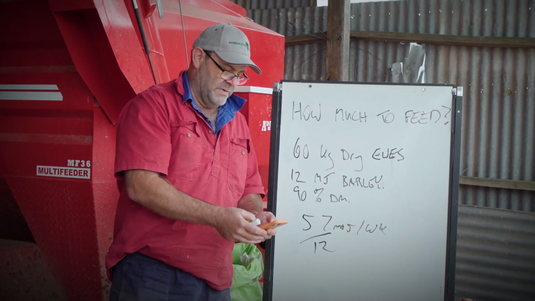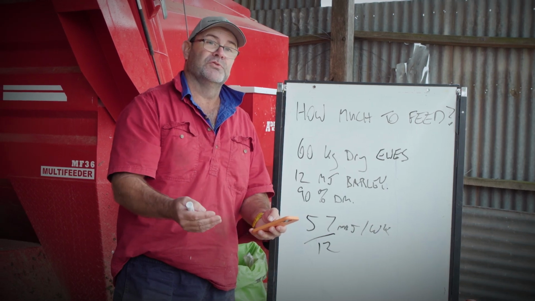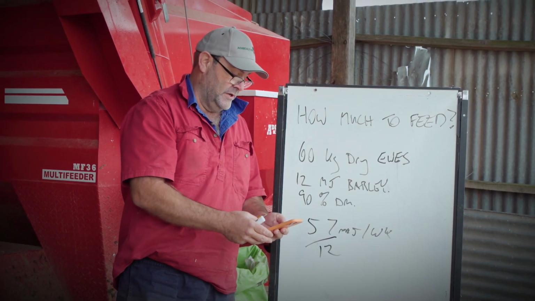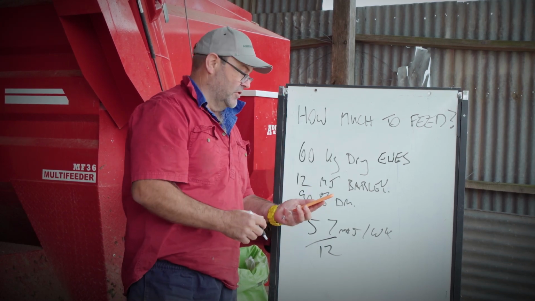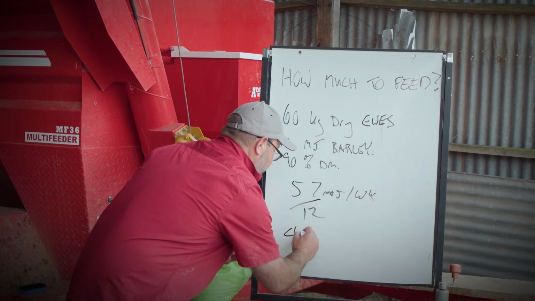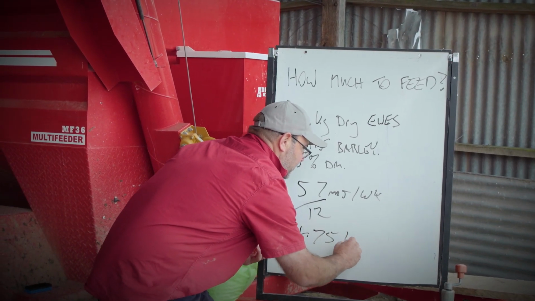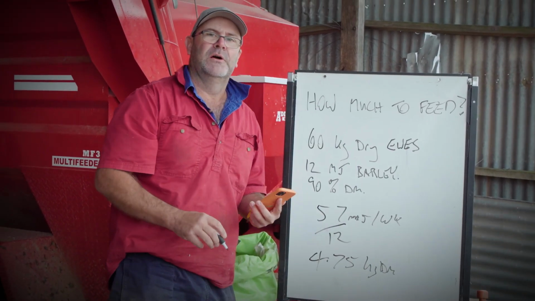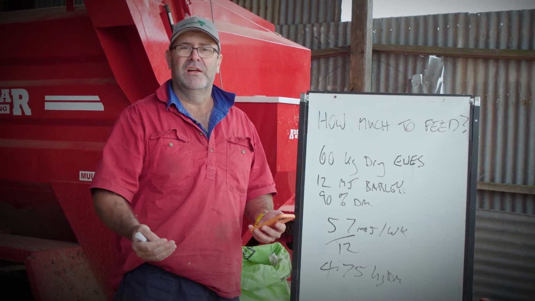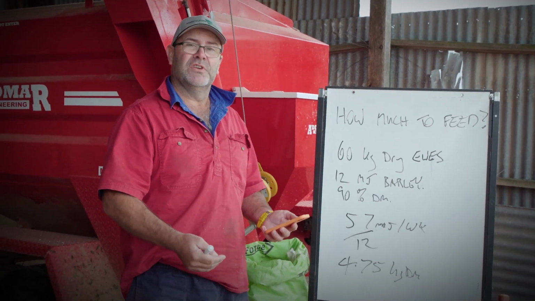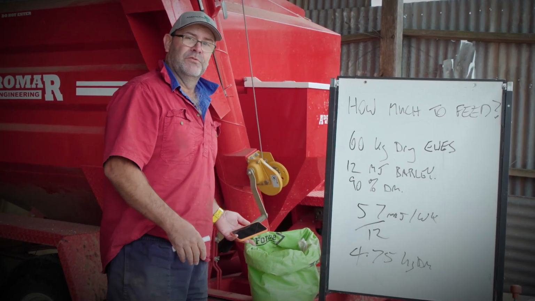We've got 57 megajoules divided by the 12 megajoules that are in every kilo of the feed, means that that ewe, for that condition, a 60 kilo ewe, requires 4.75 kilograms of dry matter per week. So we've calculated that that ewe, a 60 kilo ewe that's dry, requires 4.75 kilos of our barley every week.